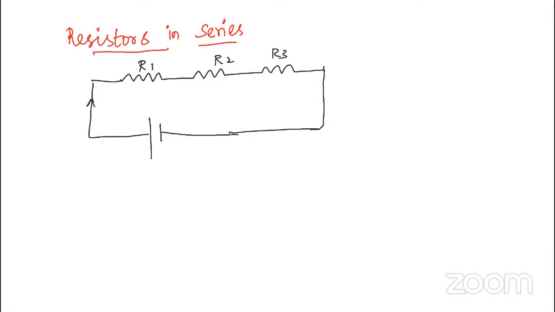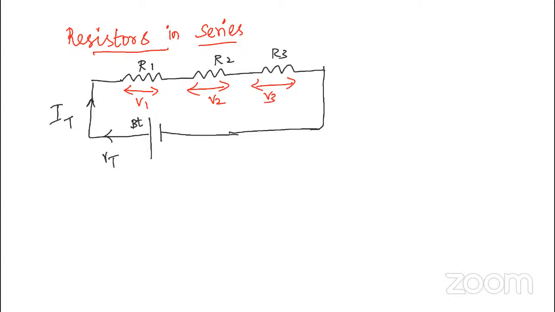Now take I as the current passing through the circuit. The total current we are mentioning here is I total. From the battery, if it is switched on, automatically the voltage is generated, so it is V of T. There must be some potential drop across the resistances, so the potential drops we are writing are V1, V2 and V3.